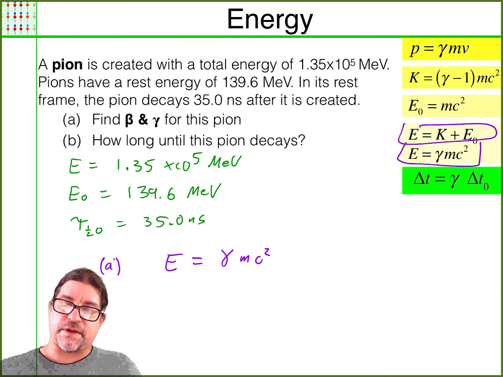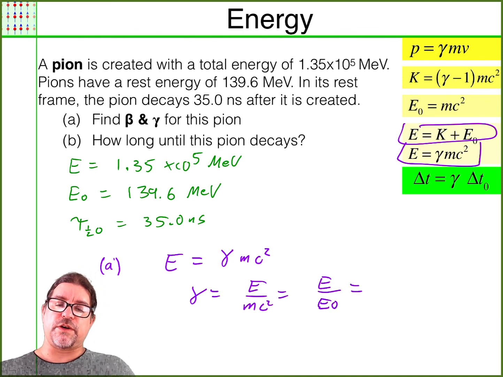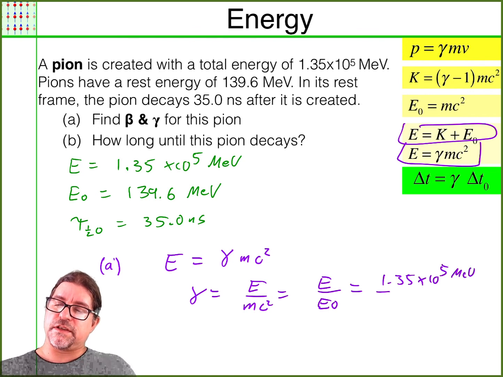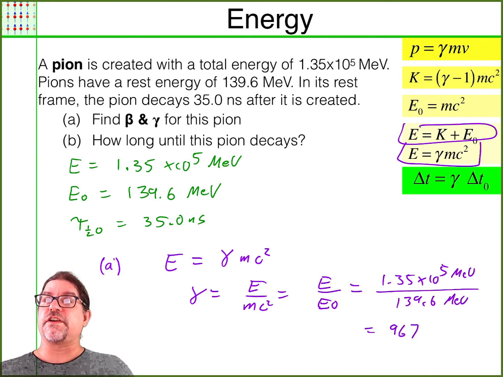So we're going to use this to solve for gamma. Gamma is equal to the total energy over mc squared. Remember, mc squared is the same as the rest energy. So I plug in 1.35 times 10 to the 5 MeV divided by 139.6 MeV, and I get a gamma of approximately 967.